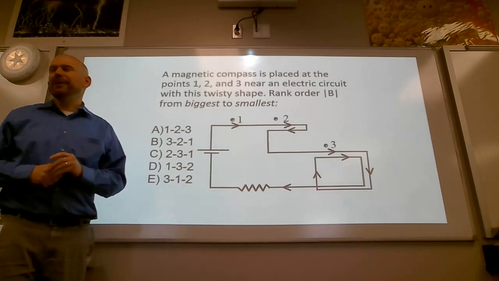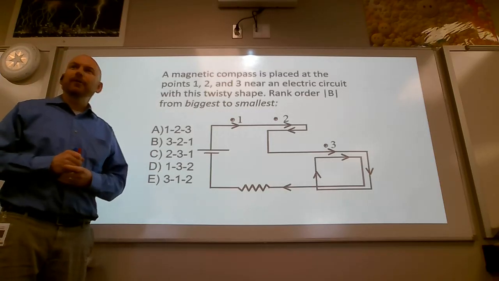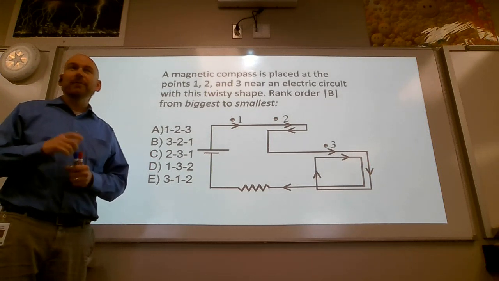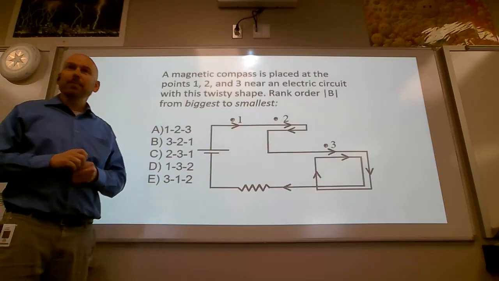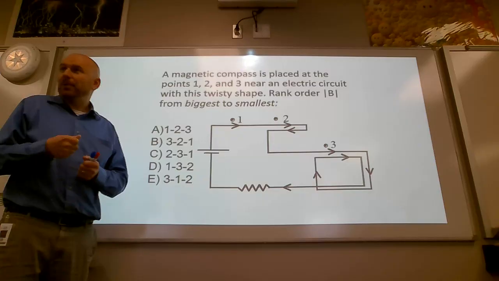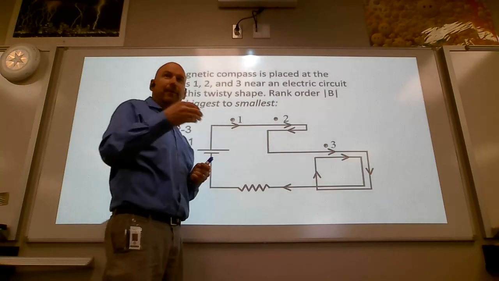Fun fact. Well, not fun fact, it's just an application of this. If you've ever installed an invisible fence for your dog, it runs off the magnetic field coming off the wires. For the part that comes from your house, because you have to plug it in somewhere, you don't want any magnetic fields there.